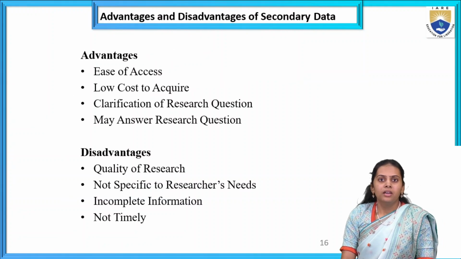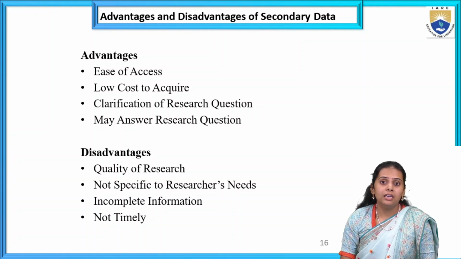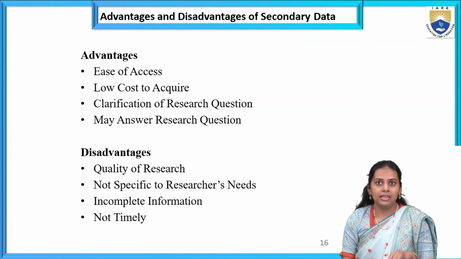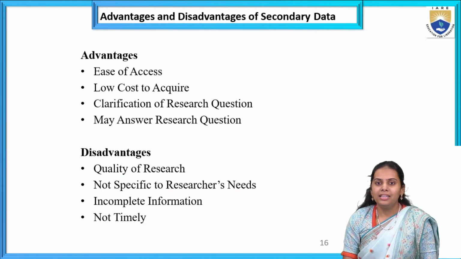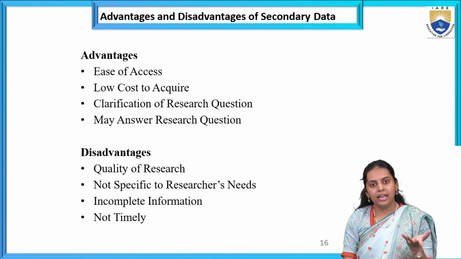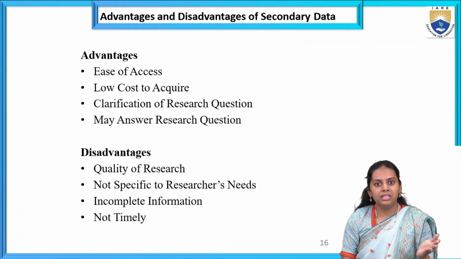So what were the limitations and advantages for the secondary data again? This is easy access because it is already recorded and available. So that's the thing, it is budget friendly, based on the requirement, every budget it is available.